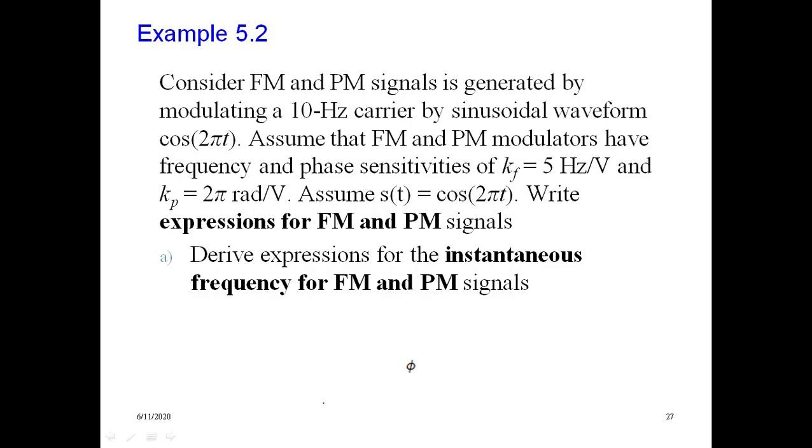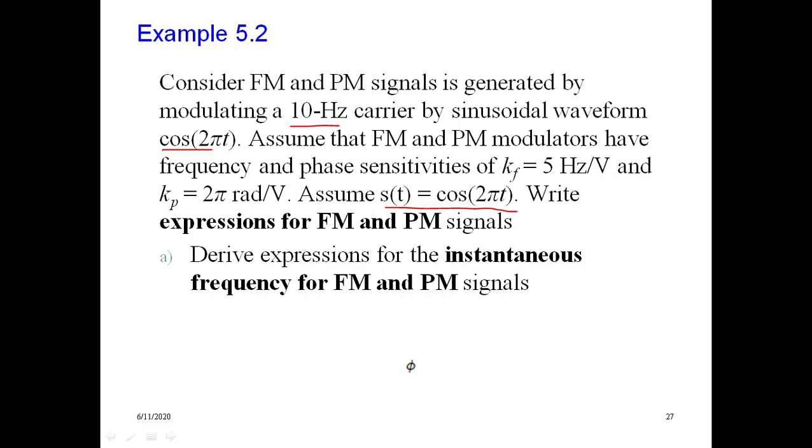Alright, for example number 2, the modulating signal or message is cos 2 pi t. I think we also have this, let's go through this example. And the carrier is 10 hertz, with the function of cos.